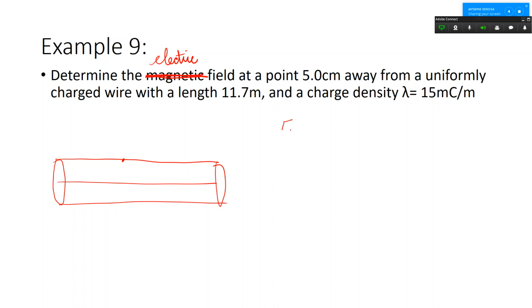Gauss's law is E times A is equal to Q enclosed over epsilon naught. If I'm looking for the electric field, E equals Q over epsilon naught times A, where A is the area of my Gaussian surface.